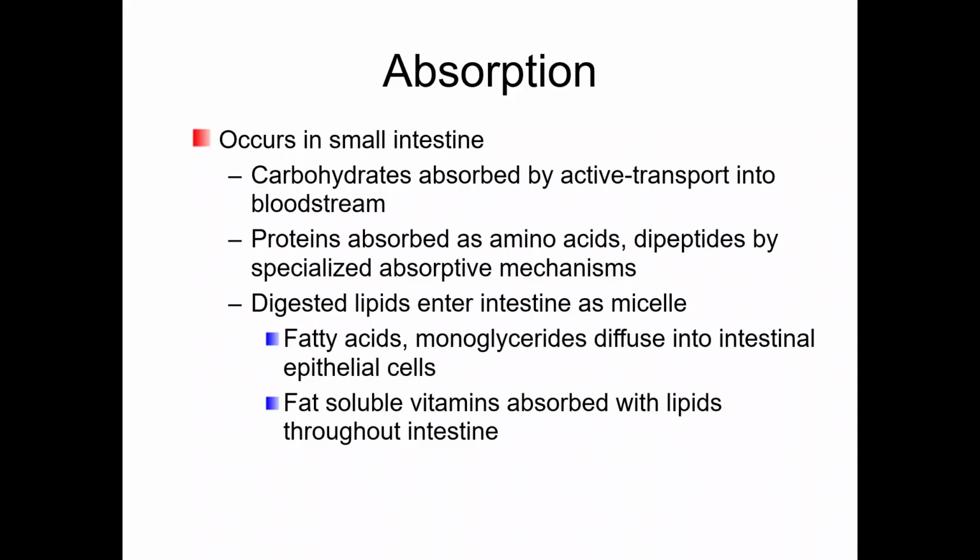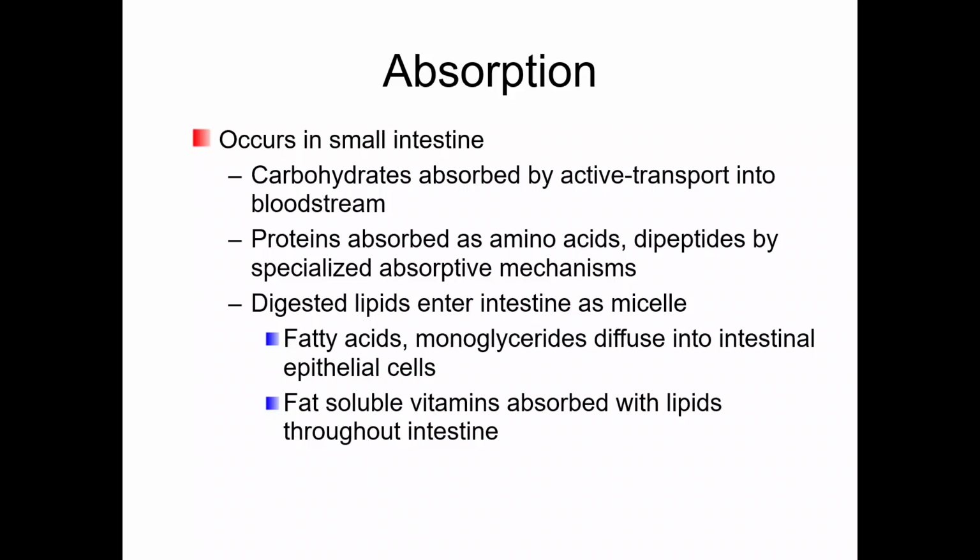Absorption. Absorption of the major macromolecules occurs in the small intestine. Carbohydrates are absorbed by active transport into the bloodstream. Proteins are absorbed as amino acids, dipeptides by special absorptive mechanisms. And then digested lipids enter the intestine as a micelle.